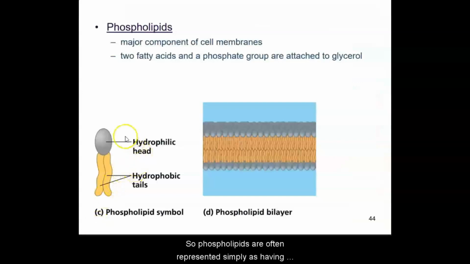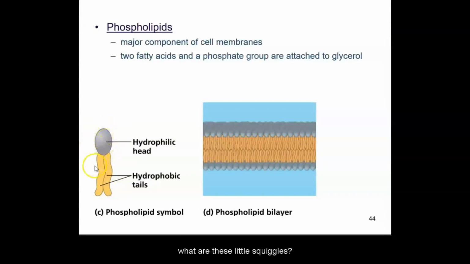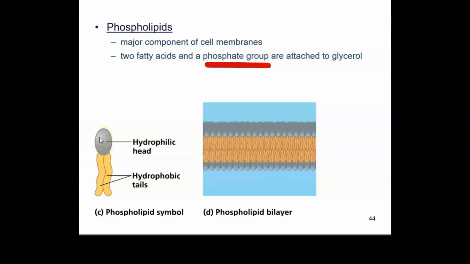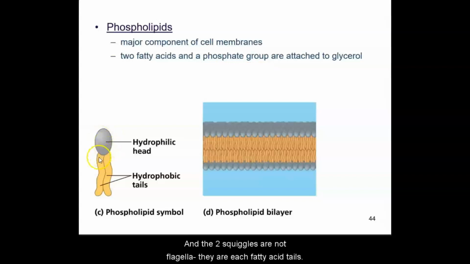So phospholipids are often represented simply as having a hydrophilic head group and two hydrophobic tails. It's easy to forget, what is this hydrophilic head group and what are these little squiggles? The hydrophilic head group is actually a phosphate group that has other molecules attached to it, and the two squiggles are not flagella.